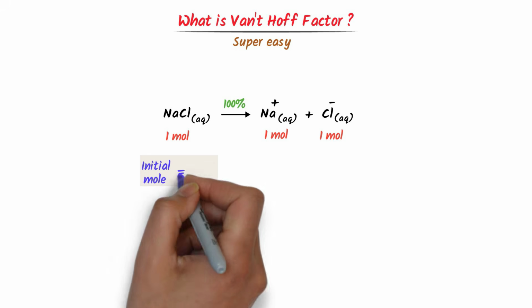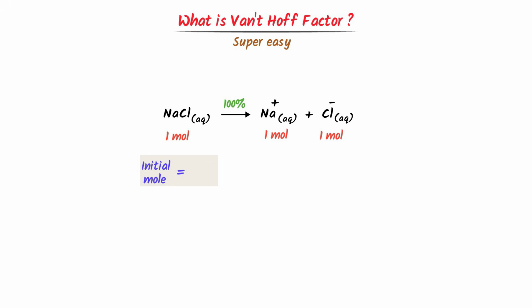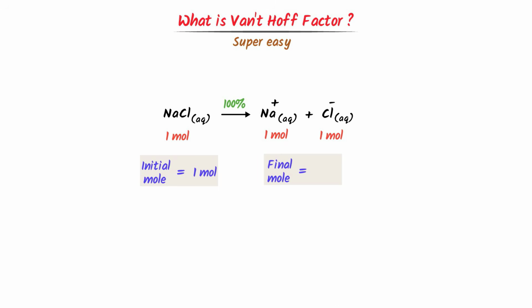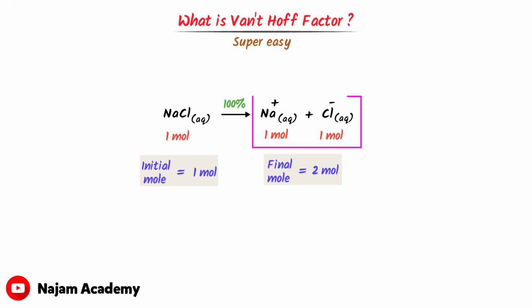The initial number of moles of solute before dissociation is 1 mole. I mean, there is only 1 mole of salt or sodium chloride. On the other hand, the final number of moles of solute after dissociation is 2 moles. I mean 1 mole of sodium ions and 1 mole of chloride ions.